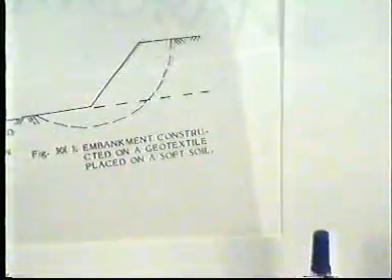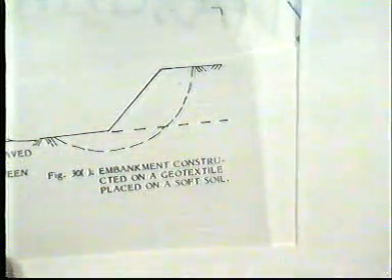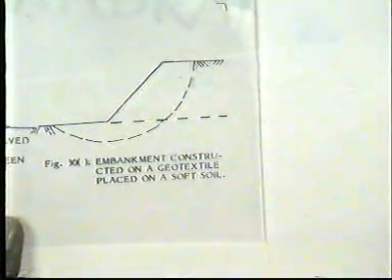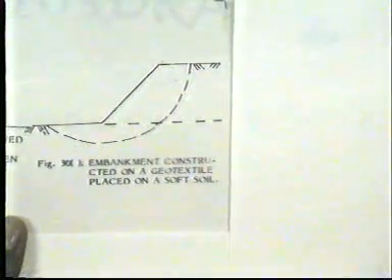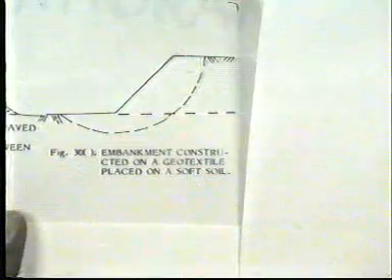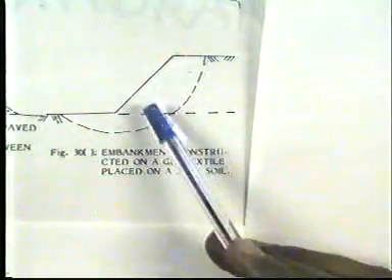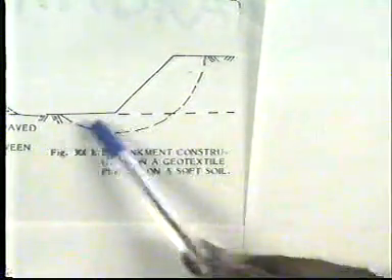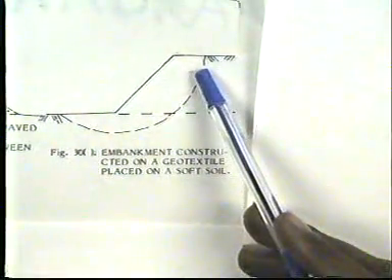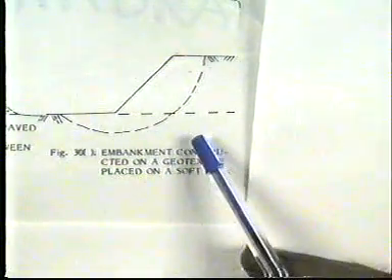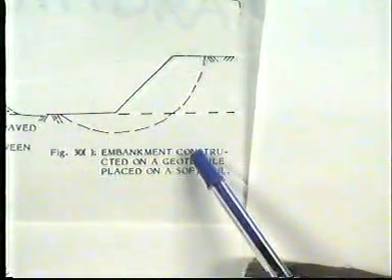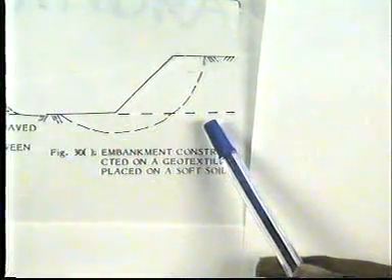Some of the other applications of geosynthetic material are under the reinforcement functional concept, and here the geosynthetics material is placed and an embankment constructed when the geotextile is placed on a soft soil. Here the geosynthetics material acts as a reinforcement.